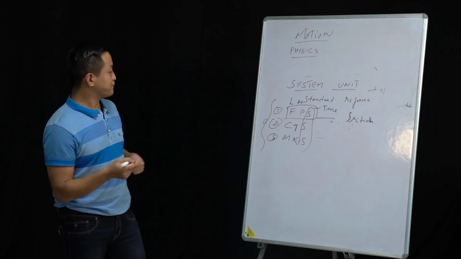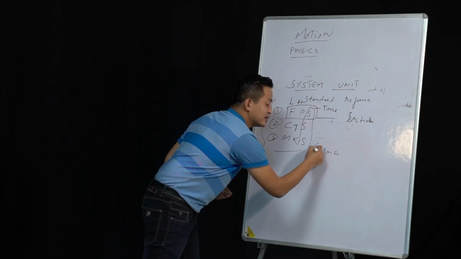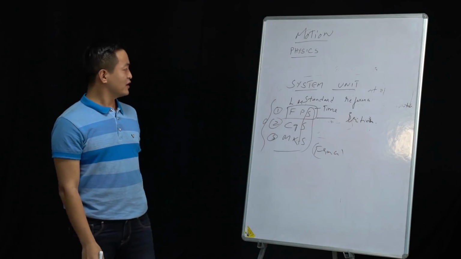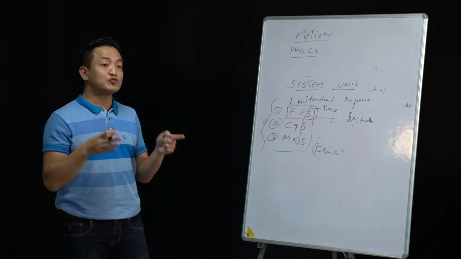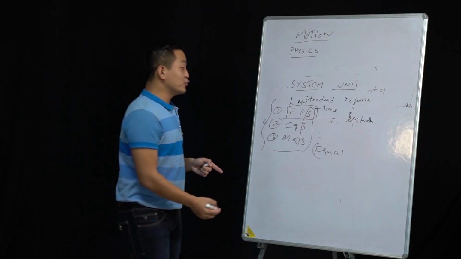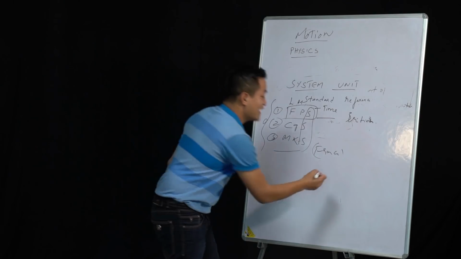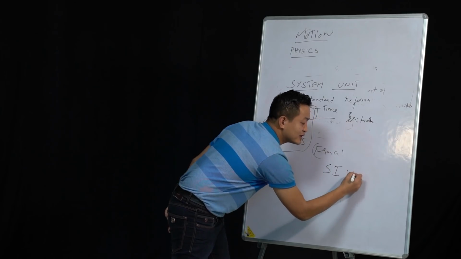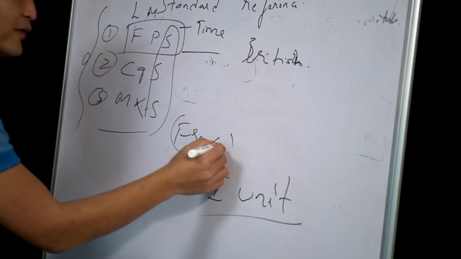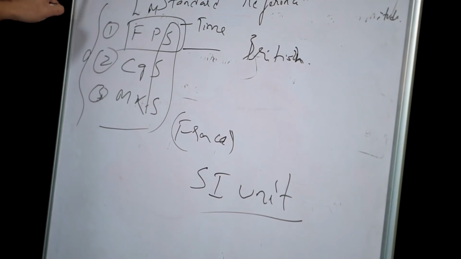But in France, there was a conference and they came to a conclusion that we should have one simple common unit for every country. So they came up with the International System of Unit. So that is SI unit. SI unit. Clear?